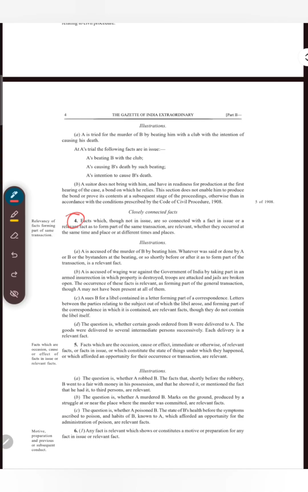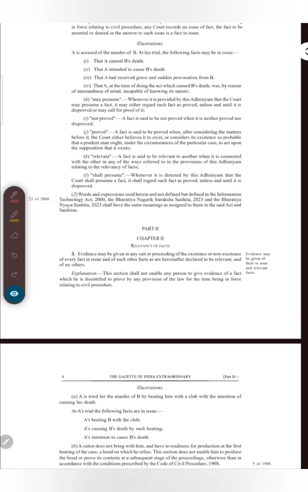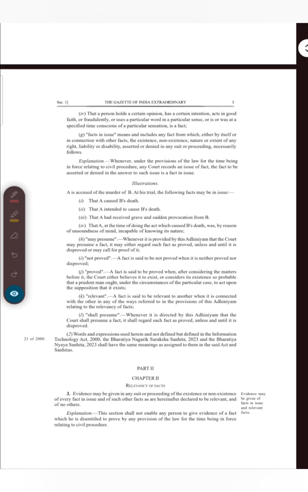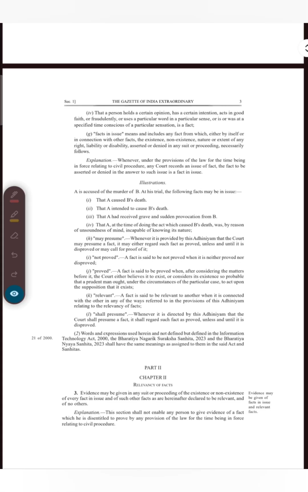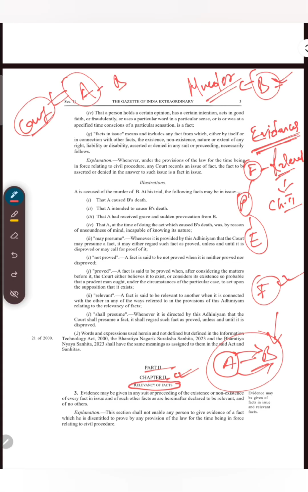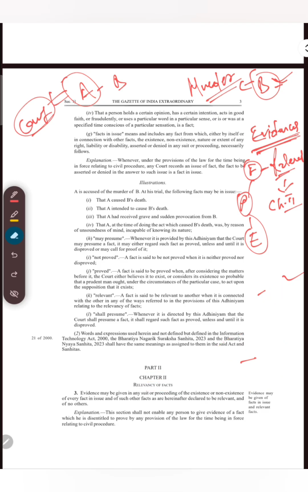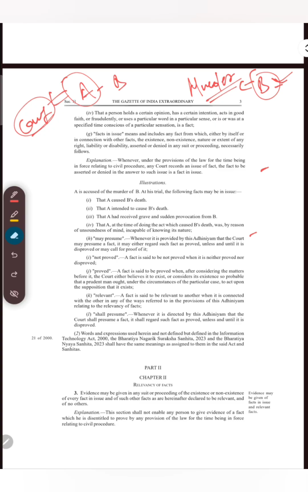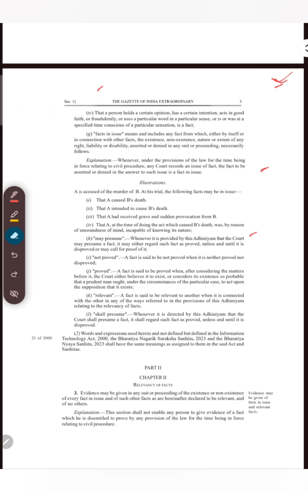So this was just an example to show you how the procedure works in the court. And what is the purpose of the relevancy of facts? Now let us go through the language of the Bare Act.